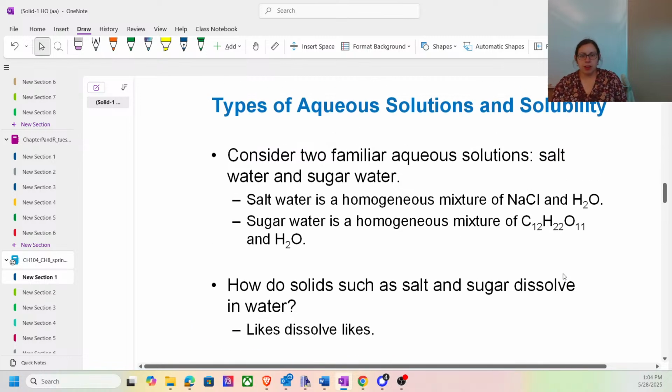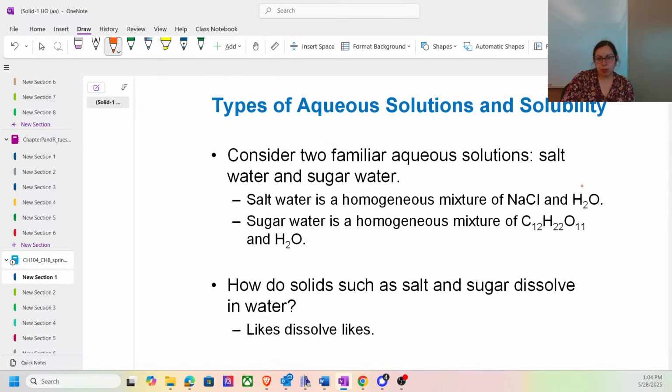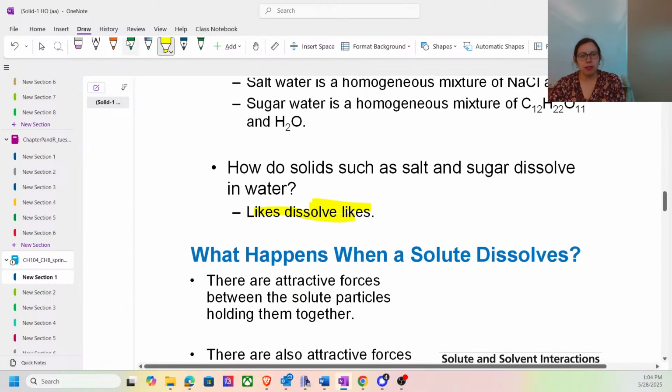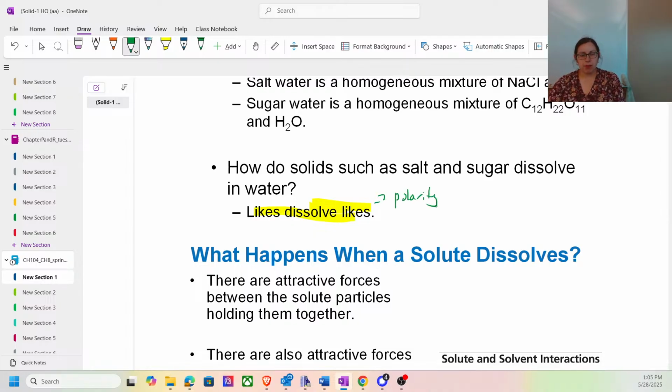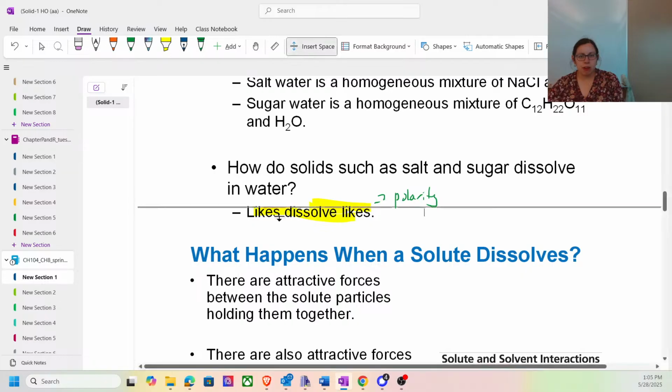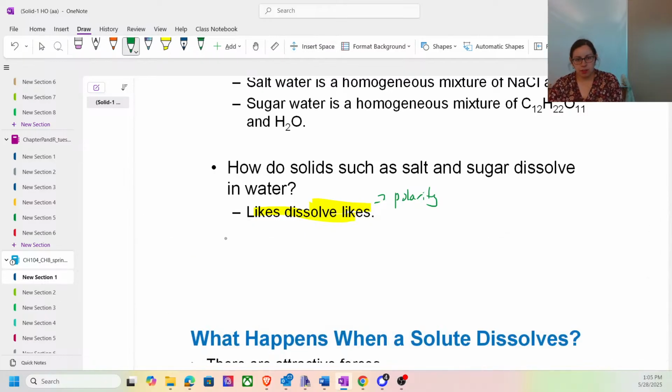This touches on how things dissolve. The most important saying is "like dissolves like," and this goes back to polarity. Basically, nonpolar dissolves nonpolar.